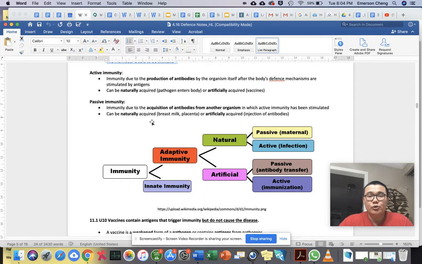And also when the newborn baby is first born and starts breastfeeding, they also have the antibody through the breast milk. Now that's only good for about 2-3 months or so. Later on, they will need to be vaccinated and whatnot. Or it can be artificially acquired, so you can have an injection of antibodies.